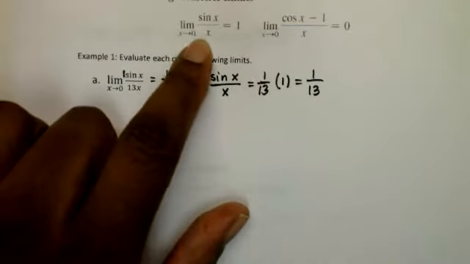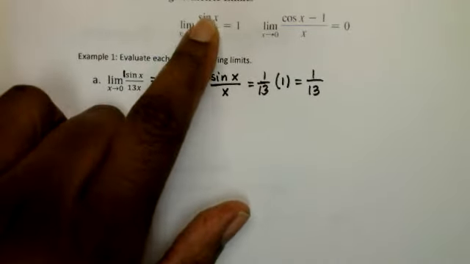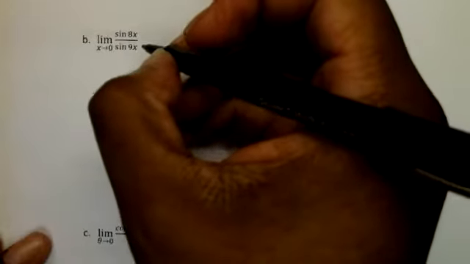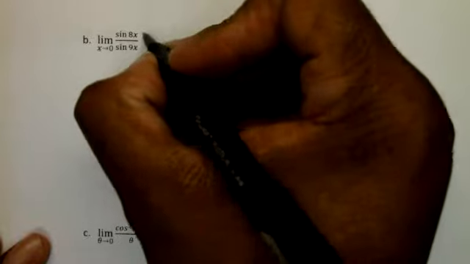Now let's take a look at part B. Here we've got the limit as x approaches 0 of sine of 8x divided by the sine of 9x. First of all, what I need to do here is write this in a way that I will have the limit as x approaches 0 of sine of x divided by x. So I know I'm going to need 1 over x in the denominator and in the numerator.